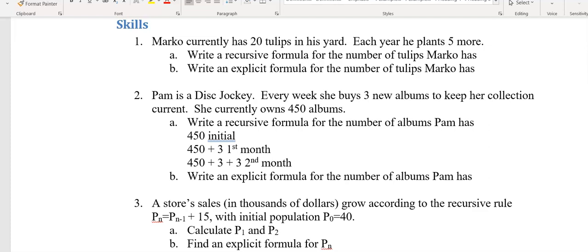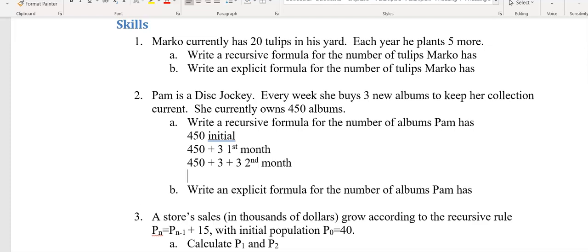And so on. Okay, so now what we're really going to have for a recursive definition is every P sub n, and remember I said that's like the amount at the nth month, is equal to the previous amount, which is just the amount at one earlier month with 3 added to it.